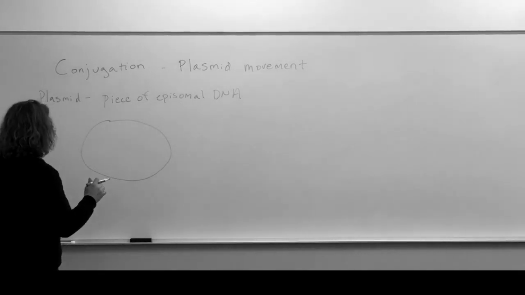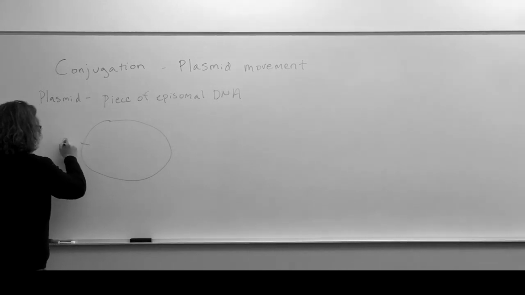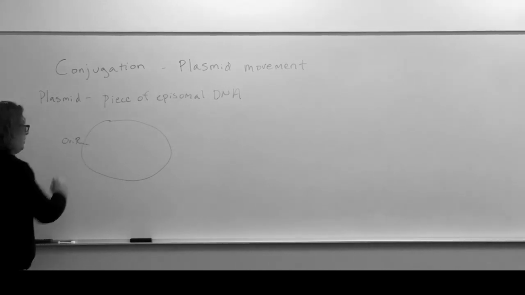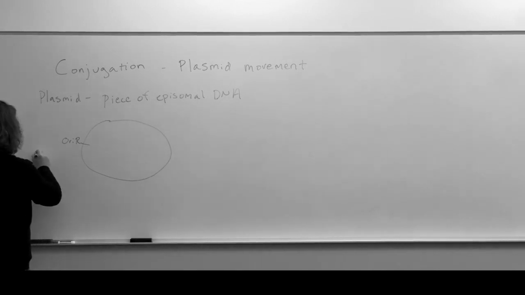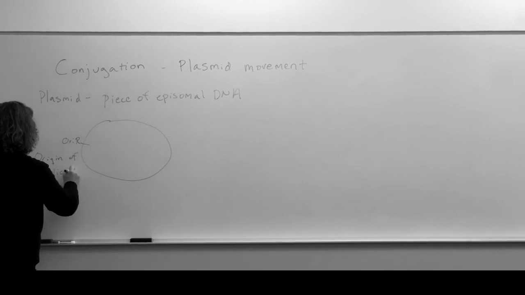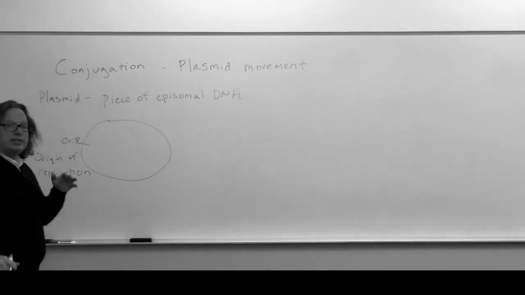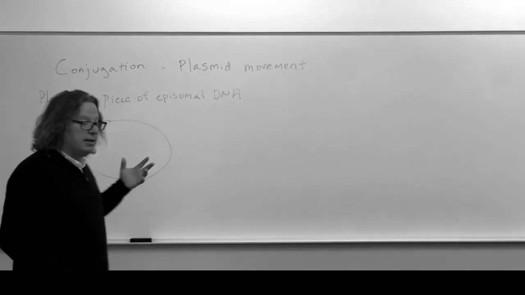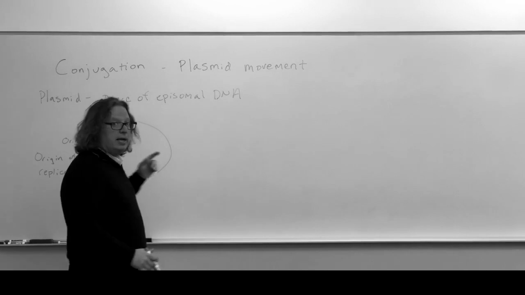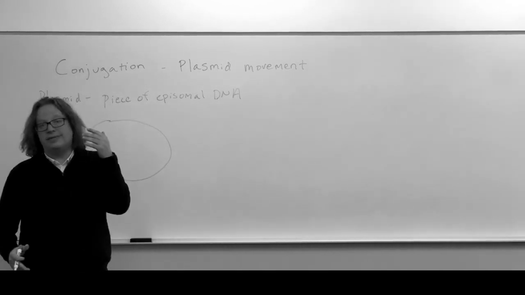And so what does a plasmid look like? Well, a plasmid is a piece of DNA that has an origin of replication. An origin of replication simply allows the plasmid to be copied. So you can make lots of copies of a plasmid in a particular cell, and so it's self-sustaining.